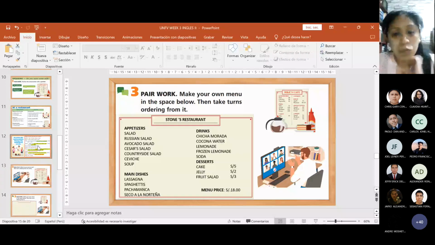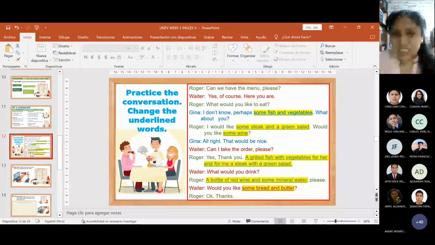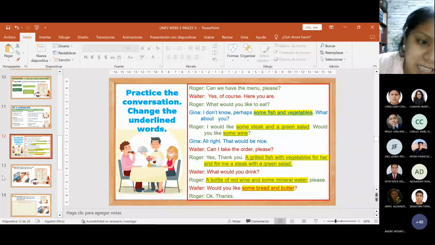Nosotros tenemos un modelo de conversación. This is a model, ¿ya? Este es un modelo. Yo tengo dos opciones. Como yo tengo que crear una conversación, esta conversación está basada en este menú, in this menu.